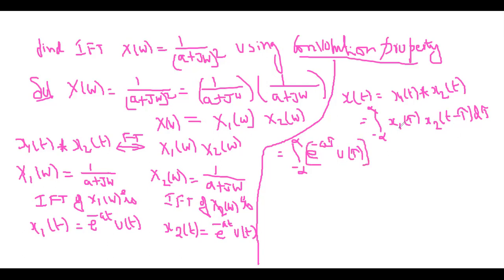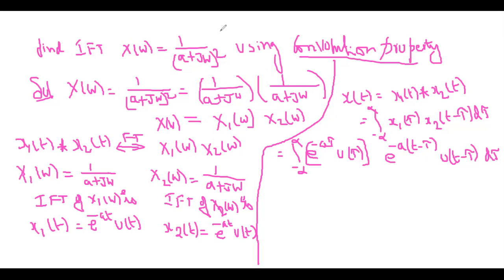And x2 of t minus tau: what is the x2 here? e power minus at mu of t. Instead of t here, the t minus tau. Replace the t as minus a, t minus tau, and mu of t minus tau d tau. Following, my dear students? So I replace t as tau for x1, and for x2, t as t minus tau.